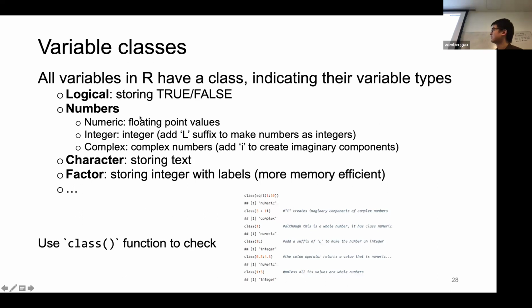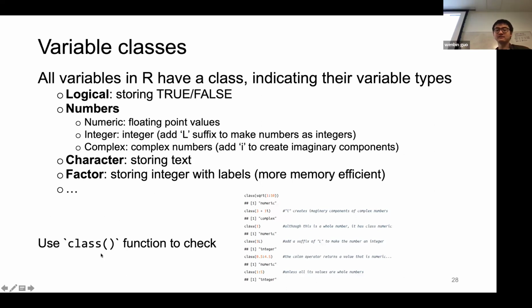Numbers can be numeric, which is a floating number, or integer, which is just as the name says, an integer. If you want to force a value to be an integer, you can put an L suffix to make the number an integer. It can be a complex value, as we just showed in RStudio. They can also be character strings, just storing text. And it can be factors, storing integers with labels. Later in the vector part, we will talk about characters and factors in detail.